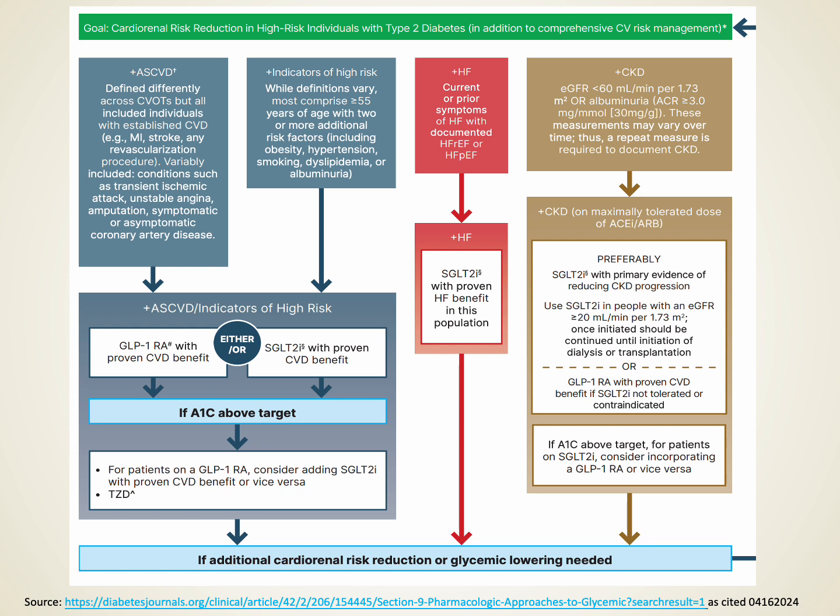That's the agent you're going to start with. And then for patients who have chronic kidney disease, they're spilling a little bit of microalbumin in their urine. You're going to look again for the agents that have a renal benefit, and that again is going to be SGLT2s or GLP-1s. So you want to be clear about what their risks and the benefits are and really zone in on what makes sense there.